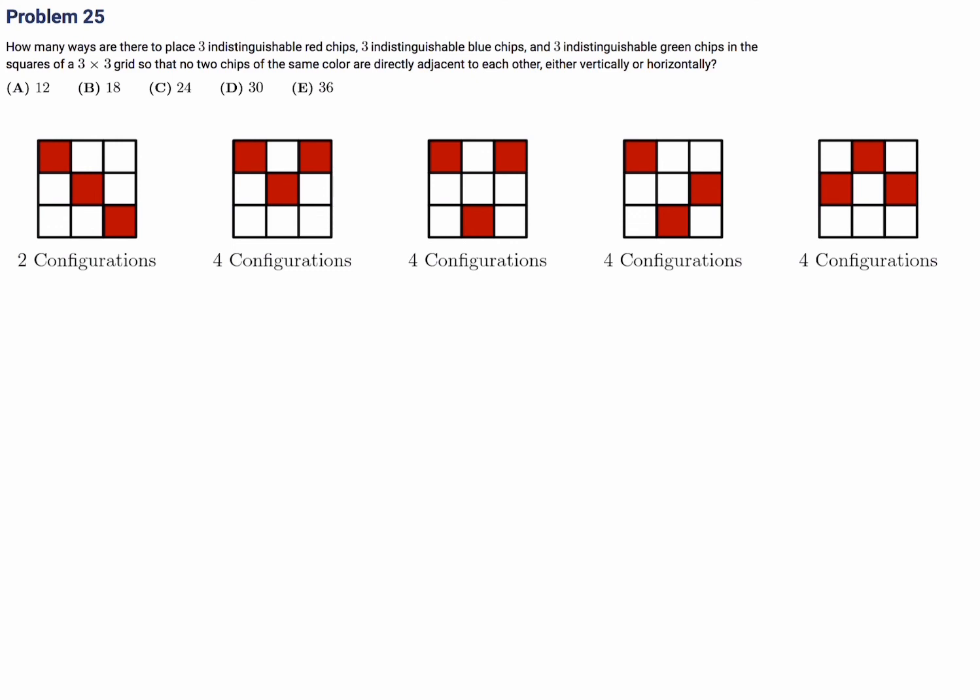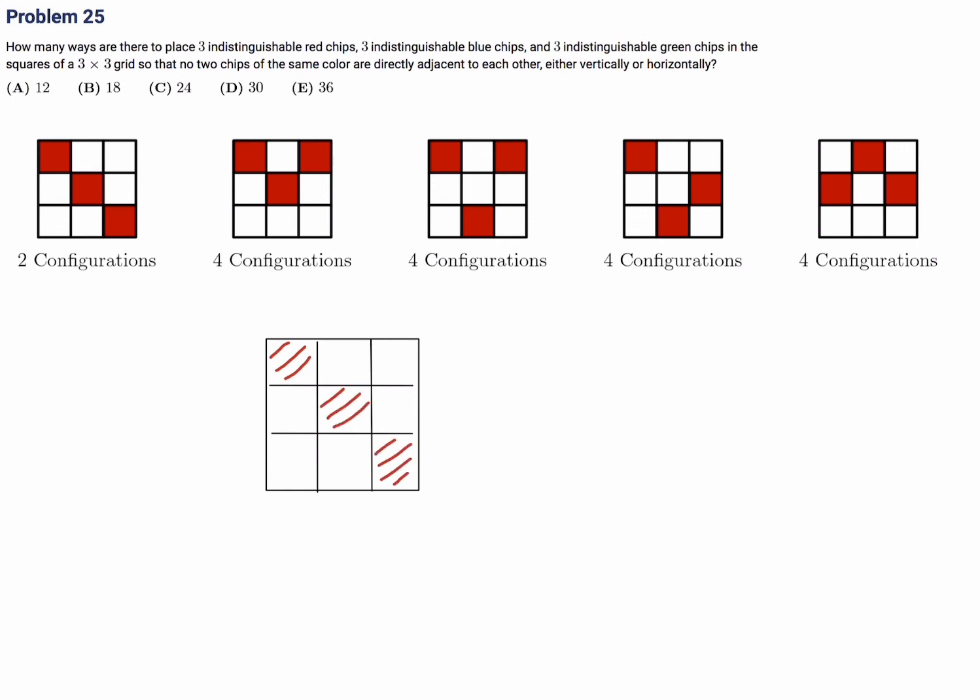But what about the blue and the green? Well, let's just talk about one such configuration. Let's say I've got this one here, and I am going to use the first configuration. I'm going to put red here like that.